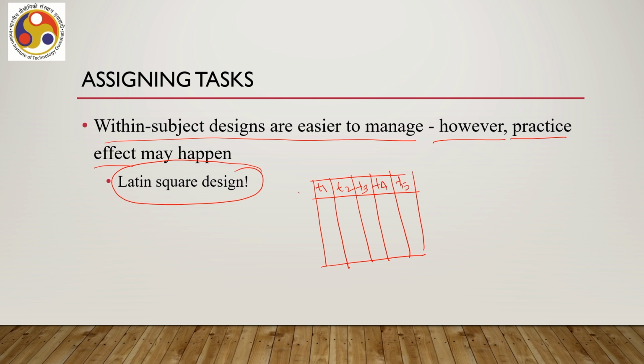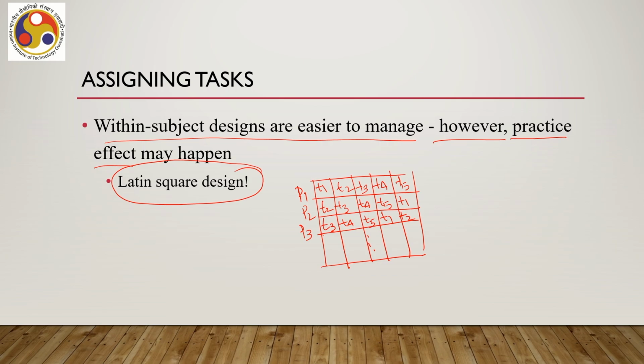Participant 2 will not get this sequence; instead it will be shifted by 1: T2, T3, T4, T5, then T1. Participant 3 will get it in this order: T3, T4, T5, T1, T2 and so on. So, if we systematically vary the allocated task sequence to each participant, then that is called a Latin square design.